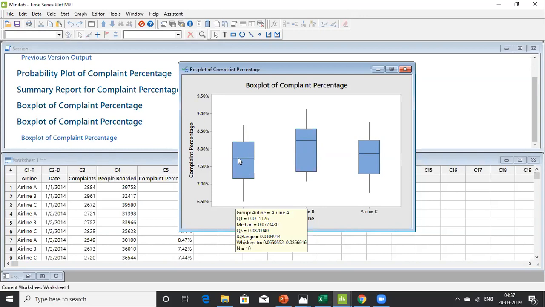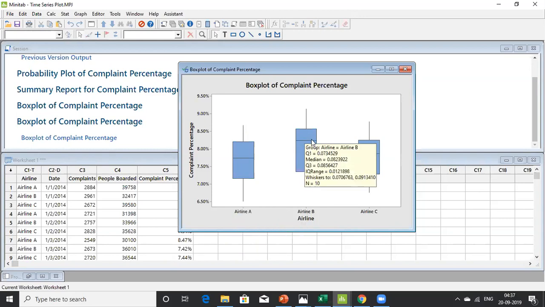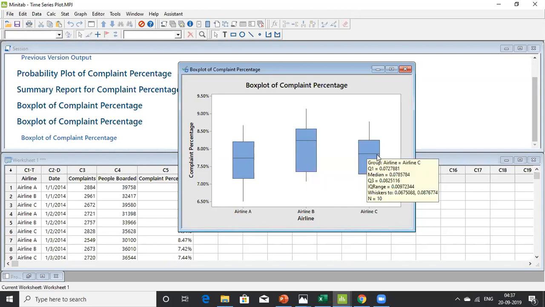And central tendency is what it is showing here. For example, the median of this is 0.07. And in this case, the median is 0.08, which is 8%. Third case, the median is 0.78, which is 7.8%.